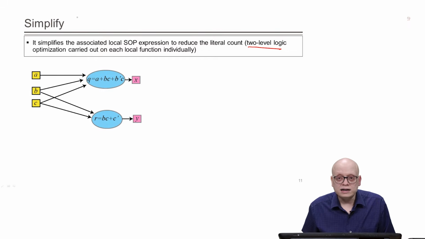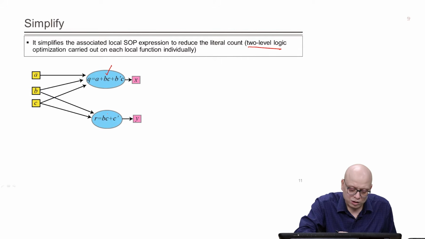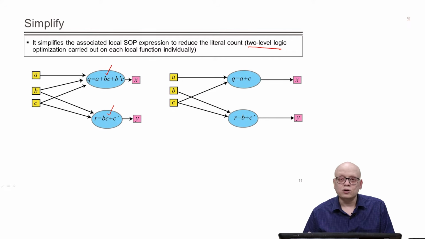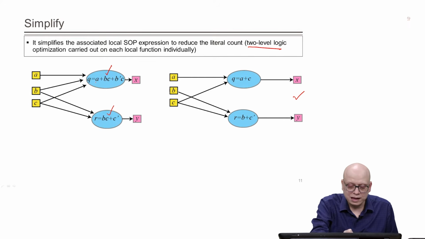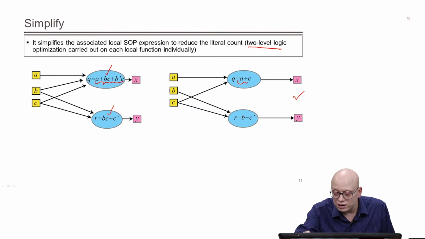So if we take the earlier network, or the network that we saw in the previous slide, and if we apply 2-level logic optimization on these two vertices separately, then we will end up getting this network, right. What has happened is that this Boolean function or this SOP representation can be simplified to this.